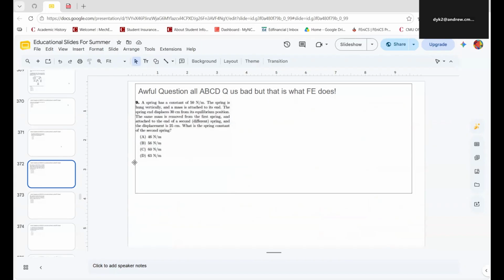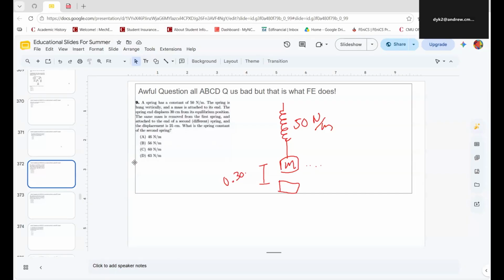A spring has a constant of 50 and the spring is hung vertically. 50 newtons per meter. Okay, and a mass is attached to the end. The spring end is displaced 30 centimeters, so 0.3, from its equilibrium position. Okay, so it's about here. Okay, the same mass is removed from the first spring.